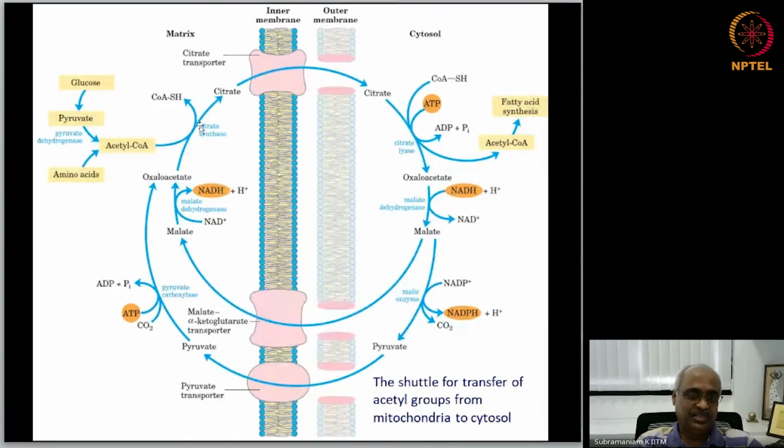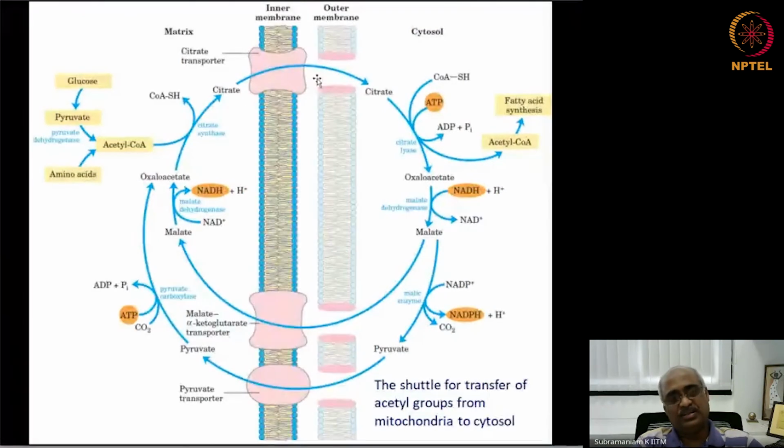So it goes through TCA cycle to become citrate, the very first reaction, and we have a transporter for citrate, and the citrate transporter transports across the 2 membranes into the cytoplasm, and there a reversal of the citrate synthase reaction, citrate lyase, which will require ATP, cleaves and generates the acetyl-CoA and oxaloacetate. Okay, and this acetyl-CoA now goes to fatty acid synthesis.